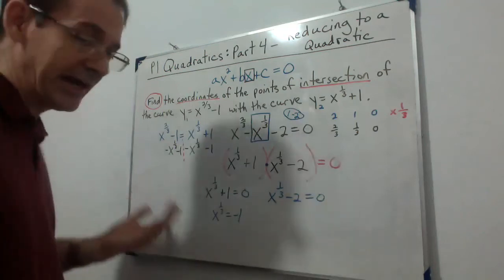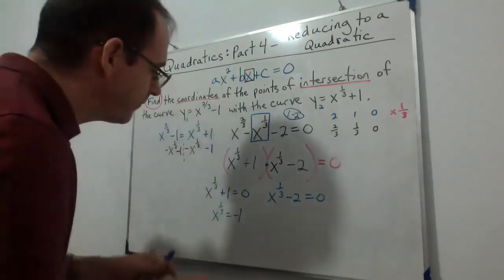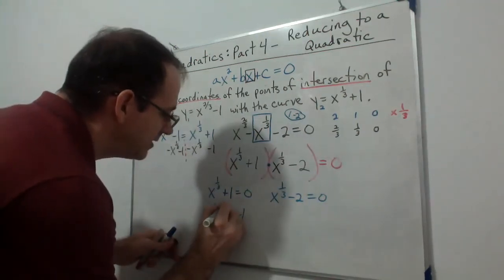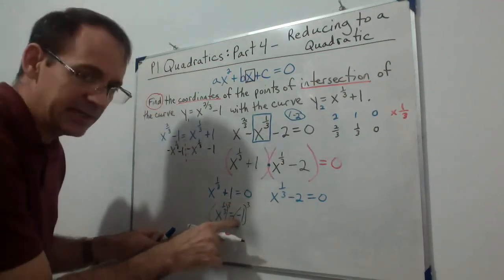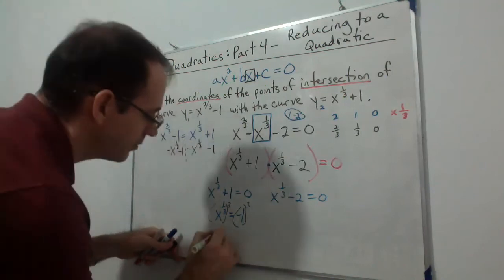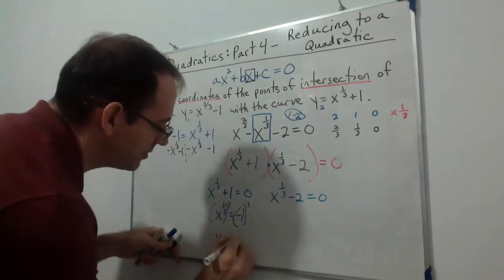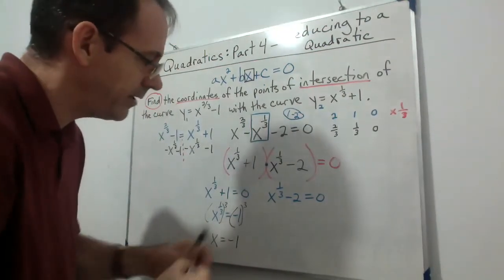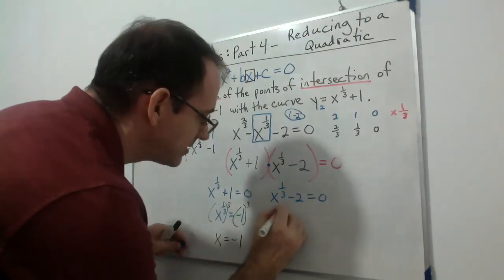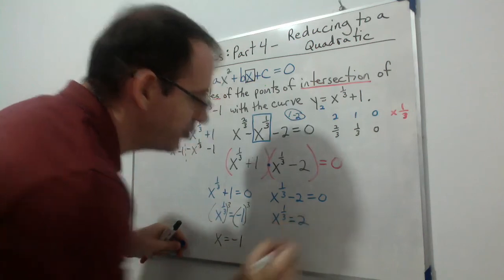So in this case, we're actually cubing, not cube rooting. So we cube both sides. You do have to pay attention to the sign. 3 negatives is still negative. So we're going to end up with x equals -1. And when we do this over here, we get x to the 1/3 equals 2.